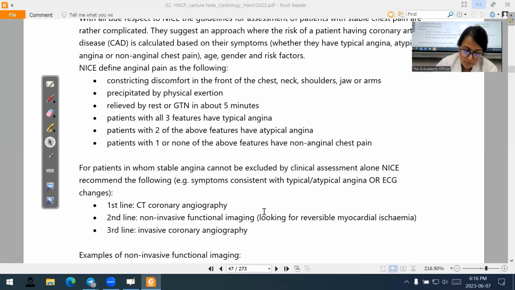Aspirin. Warfarin, target INR 2 to 3. No anticoagulation. Warfarin, target INR 3 to 4. Warfarin, target INR 2 to 3 for 6 months, then aspirin. So what's the CHADS-VASc score of this patient? 2, exactly. So there is a role of anticoagulation here.